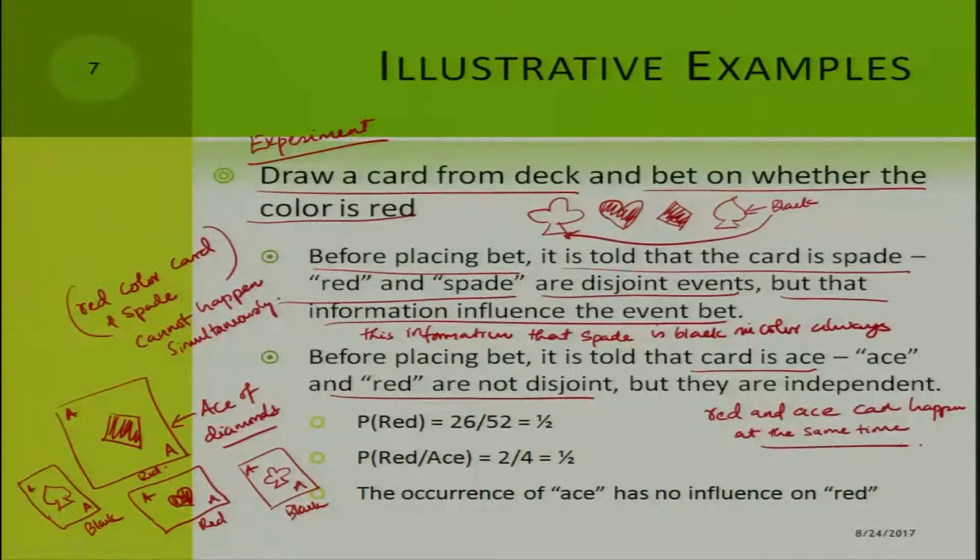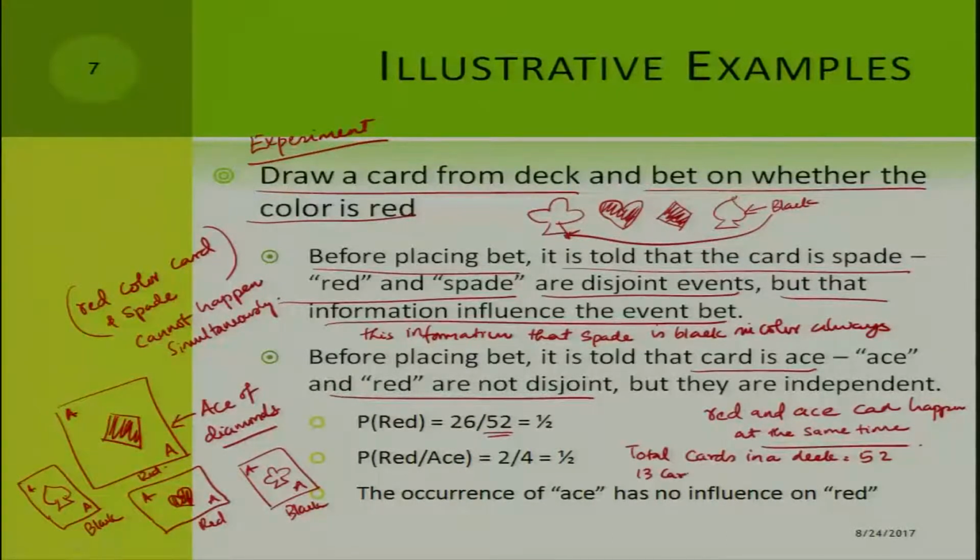They are not disjoint, but they are independent. How are they independent? Because the probability of red is 1 over 2, because the total number of cards in a deck is 52.